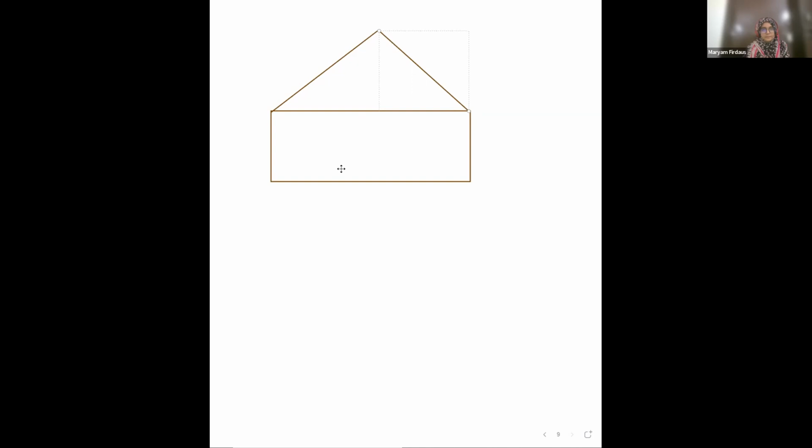Okay. This one is 5 by 2. I'm not writing centimeter everywhere, but it's better if you write it. And this one is written as 7 by 6.